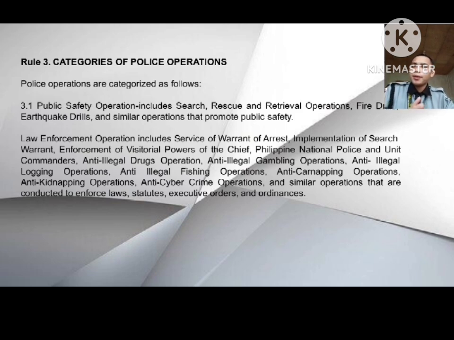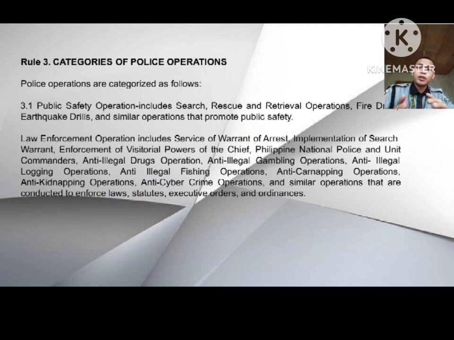The law enforcement operation includes service of warrants of arrest, implementation of search warrants, enforcement of visitorial powers of the Chief, Philippine National Police, and unit commanders, anti-illegal drugs operations, anti-illegal gambling operations, anti-illegal logging operations, anti-illegal fishing operations, anti-carnapping operations, anti-kidnapping operations, anti-cybercrime operations, and similar operations that are conducted to enforce the laws, statutes, executive orders, and ordinances.